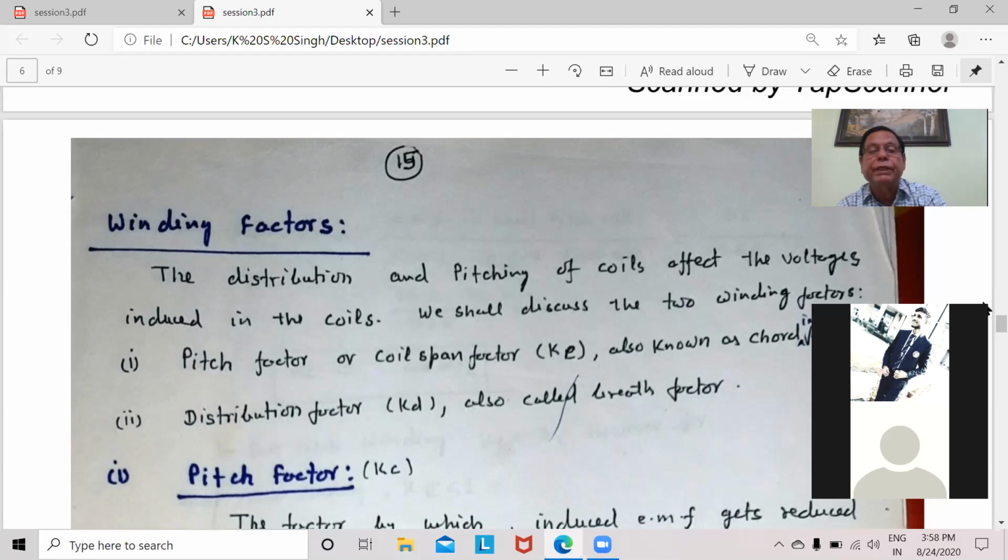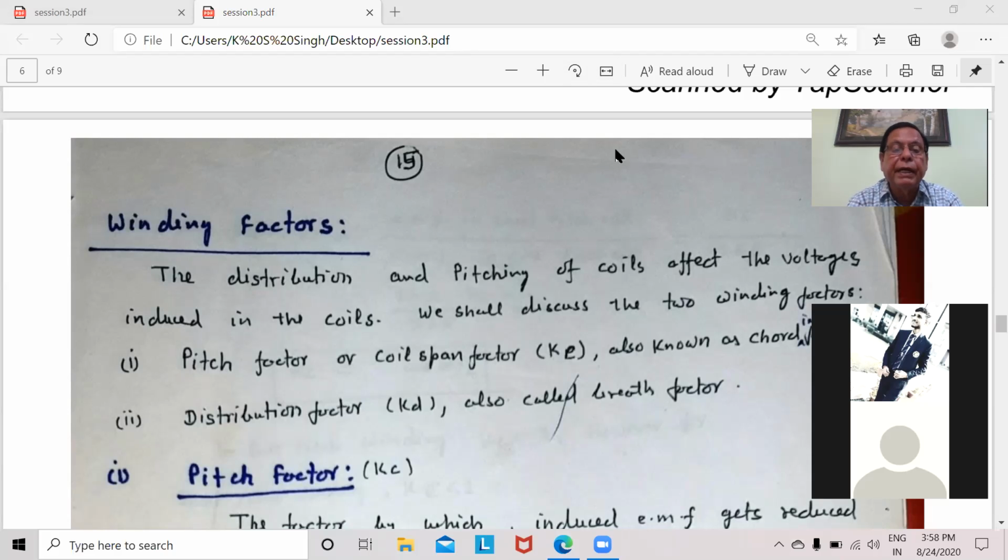When we use short pitch winding, the voltage induced in the short pitch winding is less than the voltage induced in the full pitch winding. Similarly, when we use distributed winding, the voltage induced in the distributed winding is less than the voltage induced in the concentrated winding.